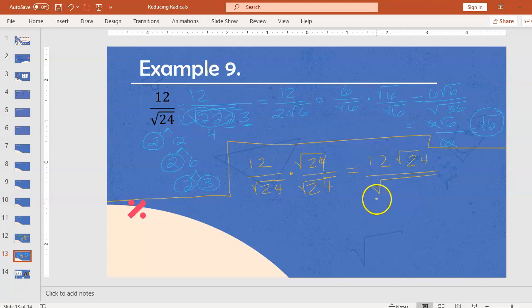See, I don't even know. I'm going to grab my calculator. That's a big number. It's 576. But the beauty is we know the square root of 576 is 24, right? Because that is the perfect square. So really, we're going to have 12 root 24 over 24.